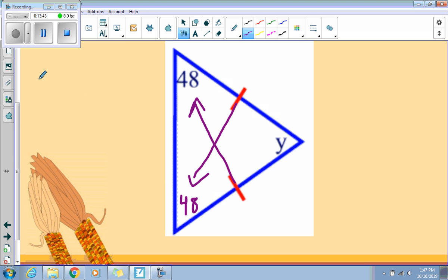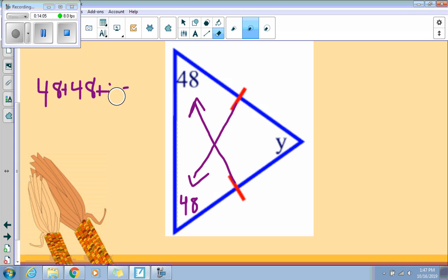So here, we're going to say 48 plus 48 plus y equals 180 degrees.